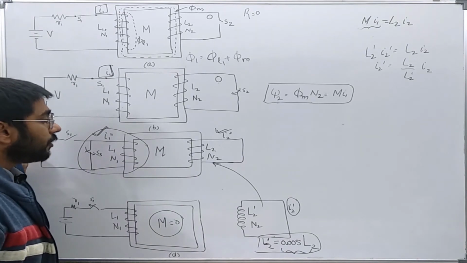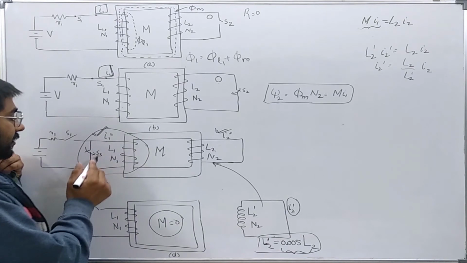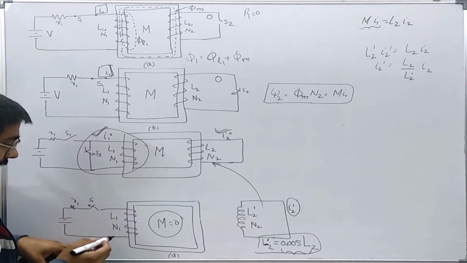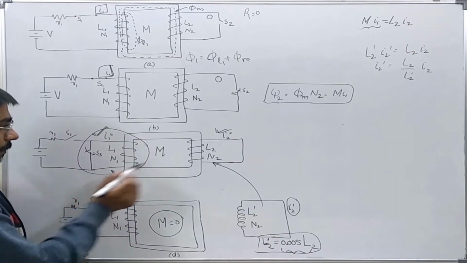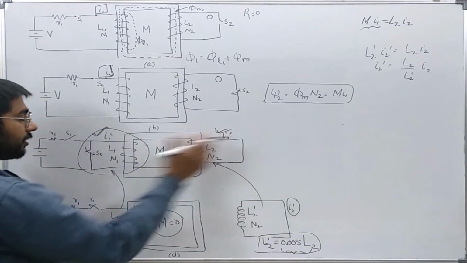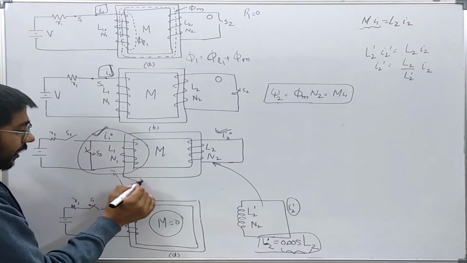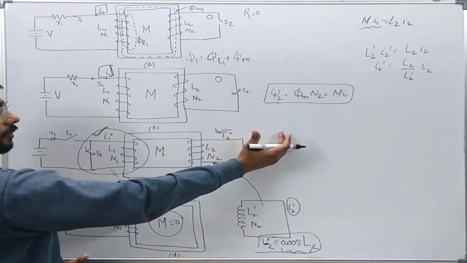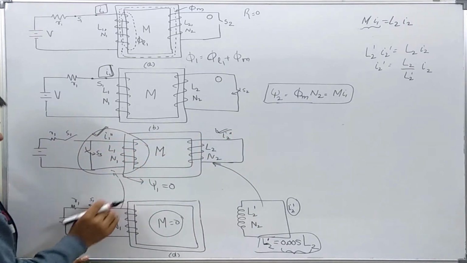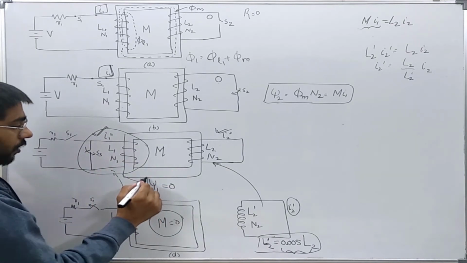Now we will be surprised to know what will happen, that since in this case the flux linkage is, before we brought this here, we closed this switch, so the flux linkages of this circuit were equal to 0. There was no current I1 earlier, so this thing was 0.